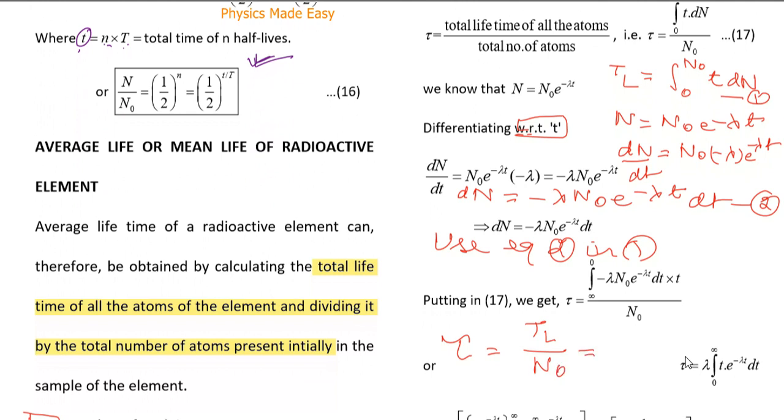Now substituting the value of TL, this is equal to the integral, minus 0 to N naught, lambda N naught into t e raised to power minus lambda t dt, divided by N naught. Both of them cancel.